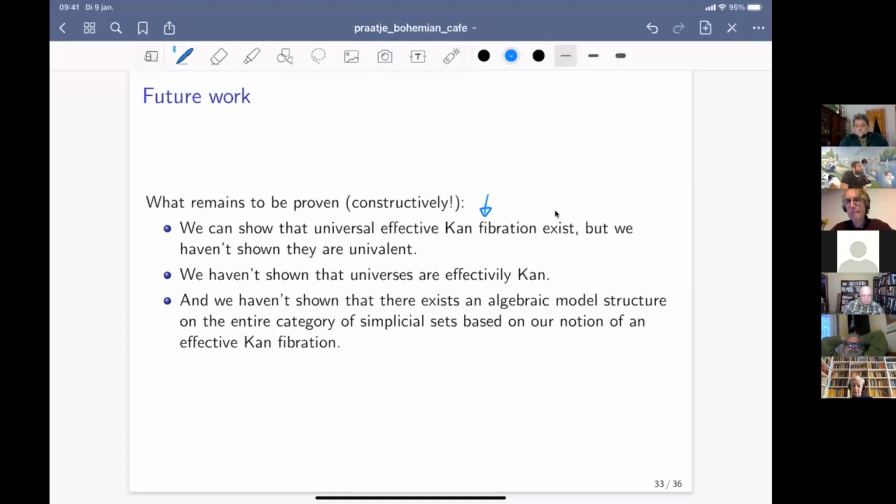So in a sense, you have defined what the effective version of Kan fibrations is, but it doesn't quite form a model structure, not even a natural or algebraic one. No, I think there are several steps that are missing at the moment. I hope to be able to fill them in at some point.